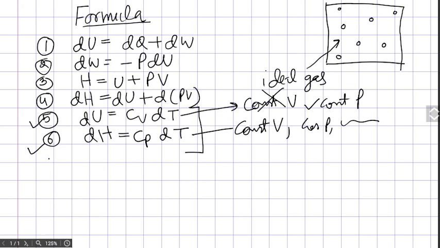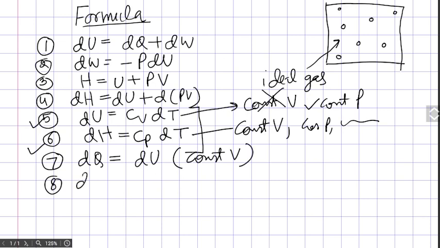Number 7 formula is dq, the heat given, will be equal to dU. It will be only when the constant volume process is there. Number 8 formula is dq will be equal to dH.